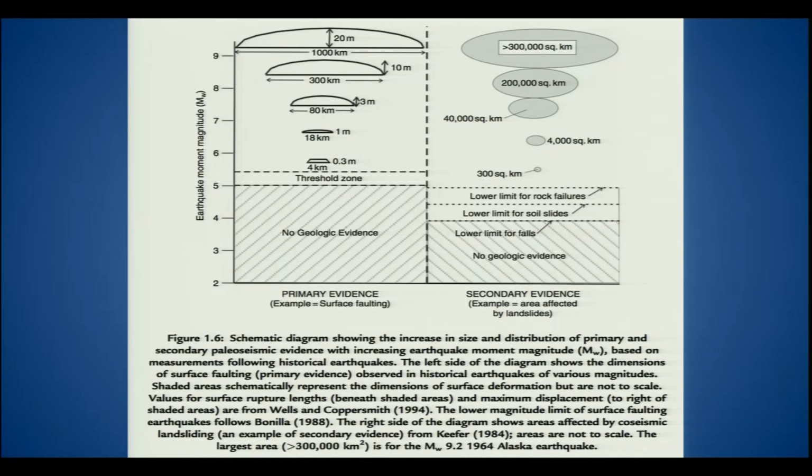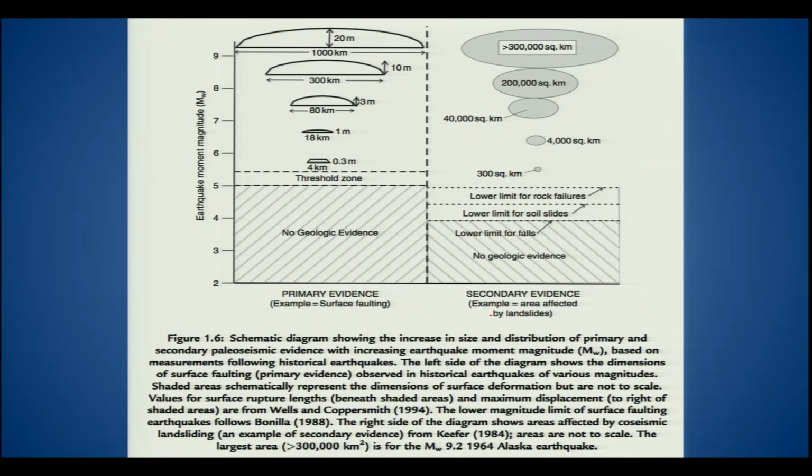Now, the rupture length also has a relationship with the earthquake, but as I told you, we are now going to look at the primary evidence and the secondary evidence. Primary evidence, for example, is surface faulting on the fault or near the fault, and secondary evidence are the signatures where the area has been affected either by landslide or liquefaction.